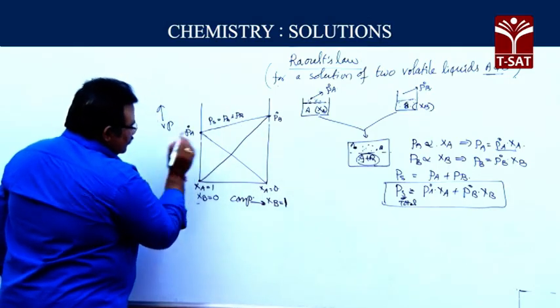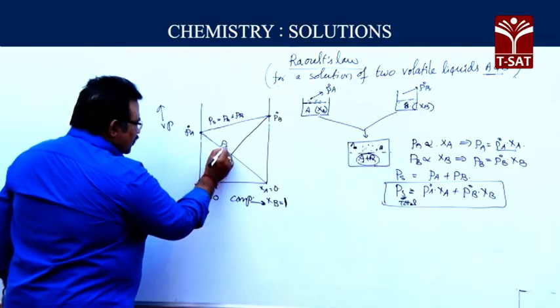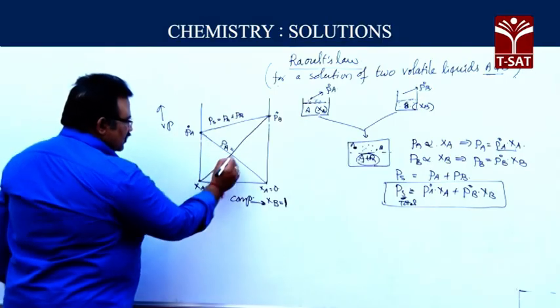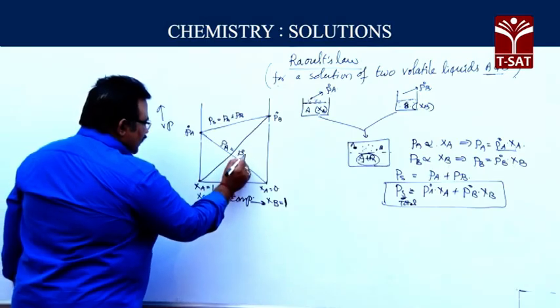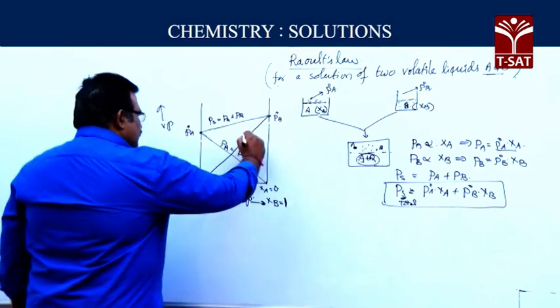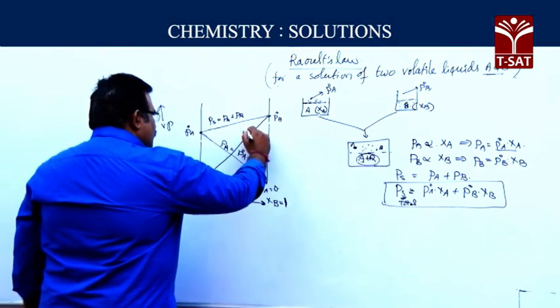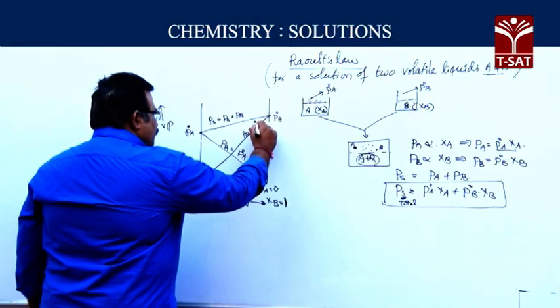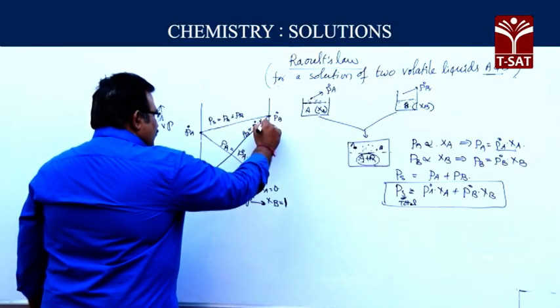This is the partial pressure of A component, that will be equal to P0A into XA. This is the partial pressure of B component, that is equal to P0B into XB.